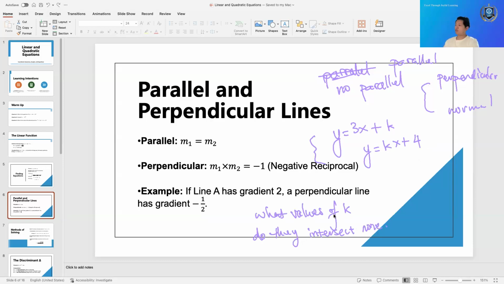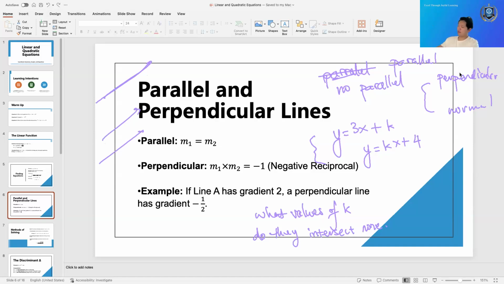This is the type of VCE question that would come up, and you need to understand the concept that if they are parallel, then either they are the same line, which looks like this, or they are different lines, which looks like this. And therefore they don't intersect.